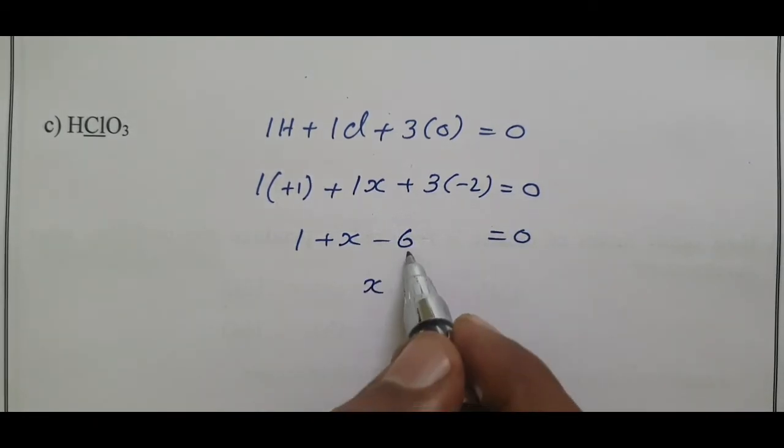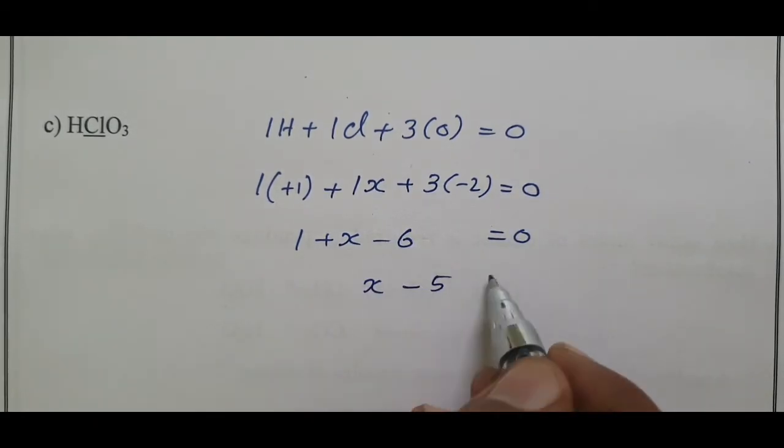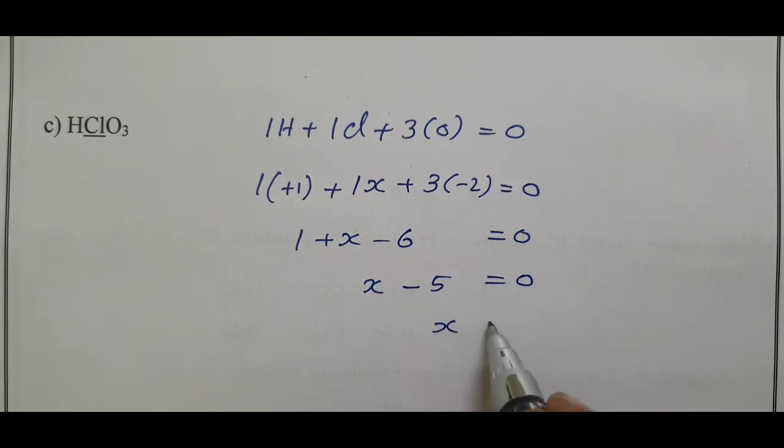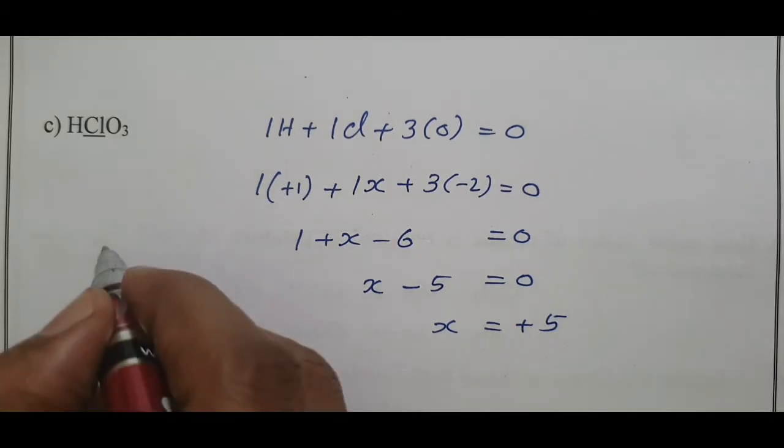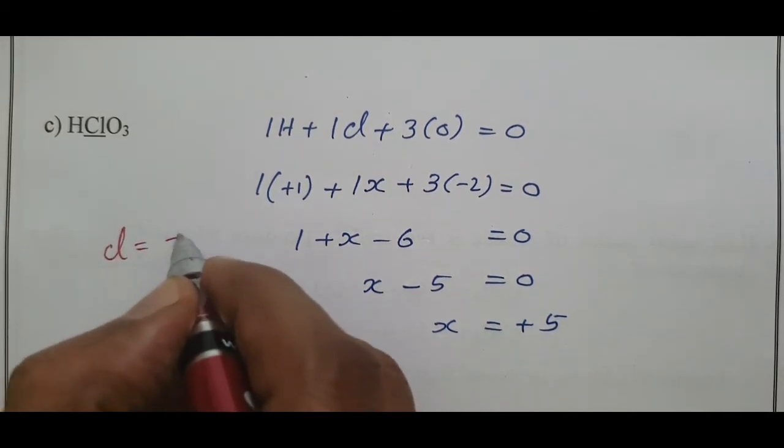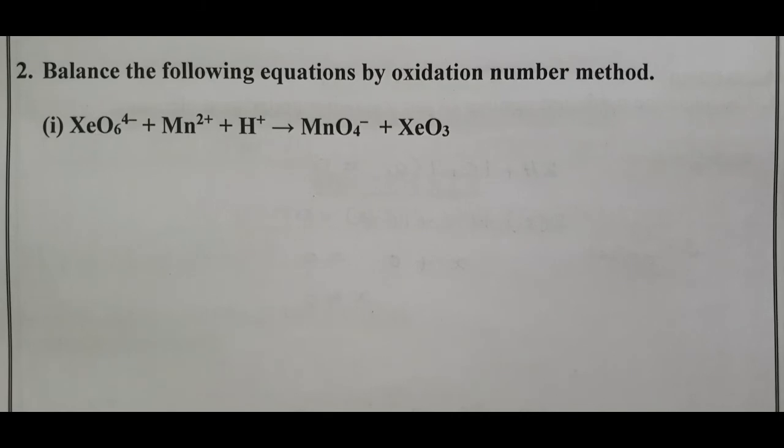X - 6 + 1 equals X - 5 equal to 0. Oxidation state of chlorine is +5. In chloric acid, oxidation state of chlorine is +5.